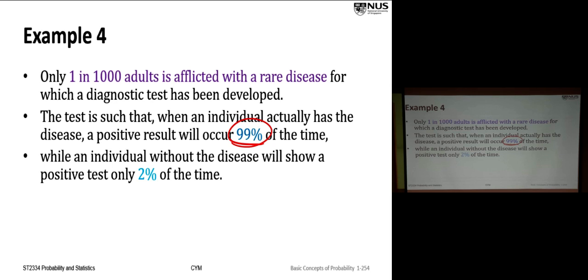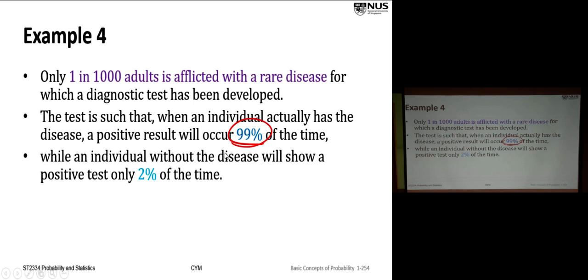So you have to look at the chance that you identify those who do not have the disease as positive. Here I say that for a normal person, there's a 2% chance that it gives you a positive result. This is not good. We want this to be 0, but in practice we don't have such a thing.